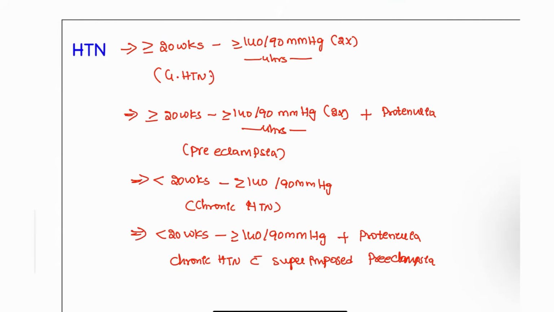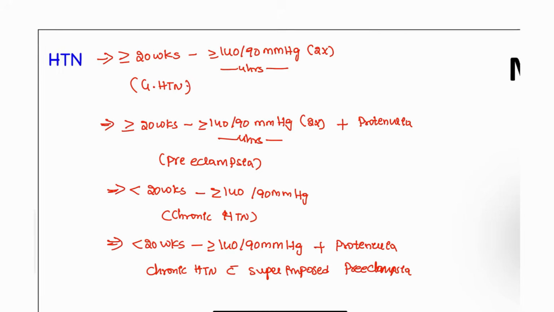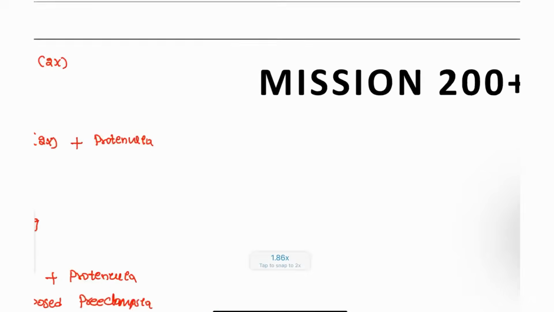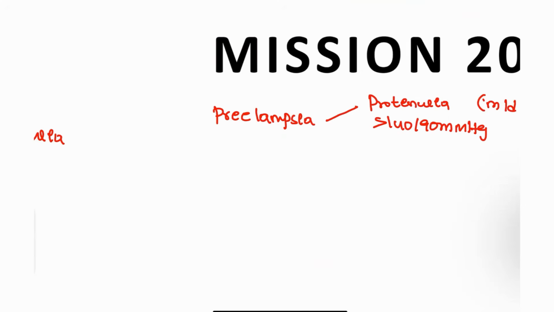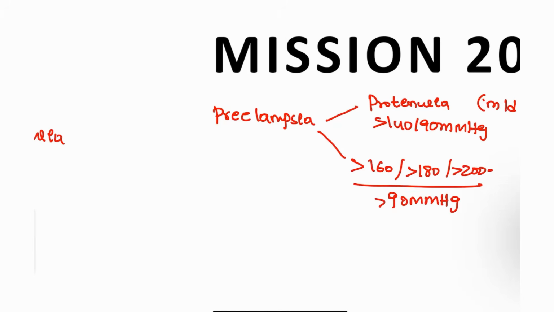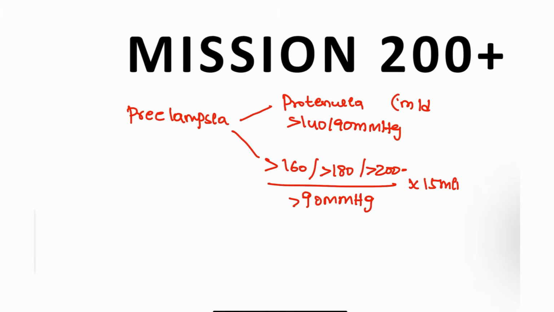So what does preeclampsia mean? Preeclampsia can be differentiated into two types. If it is associated with only BP and proteinuria, more than 140 by 90 mmHg, this is considered mild. But if it is more than 160 systolic, or even more than 180 or 200, with diastolic more than 90 mmHg on two occasions 15 minutes apart, with systemic signs.